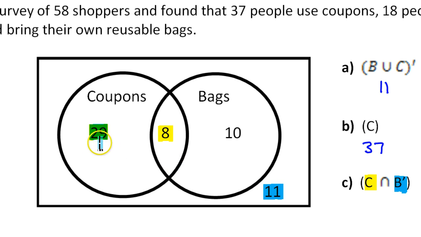That would be the green people over here now. These are the people that are coupon users and not bag users. In other words, the coupon users who are not the bag users. We are disregarding the 8. So it's the 29 that's going to be the answer.